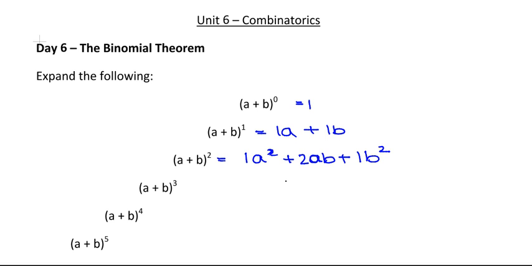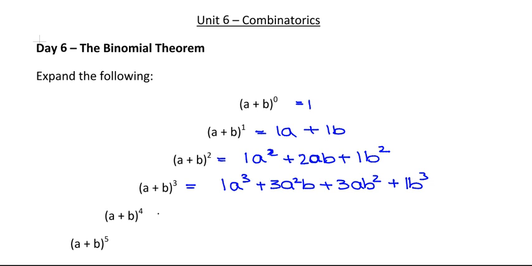For (a plus b) all cubed, I have 1a cubed plus 3a squared b plus 3ab squared plus 1b cubed.